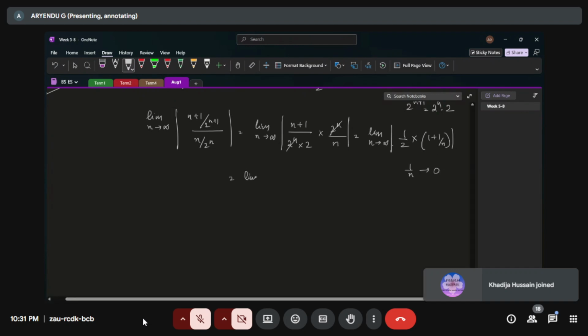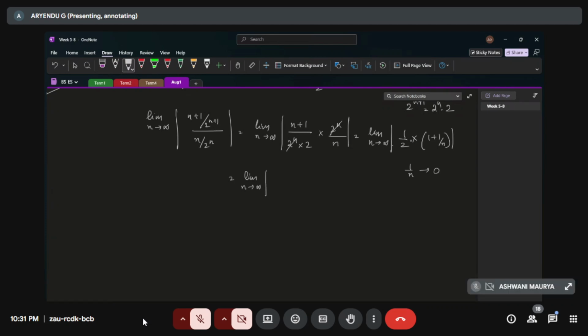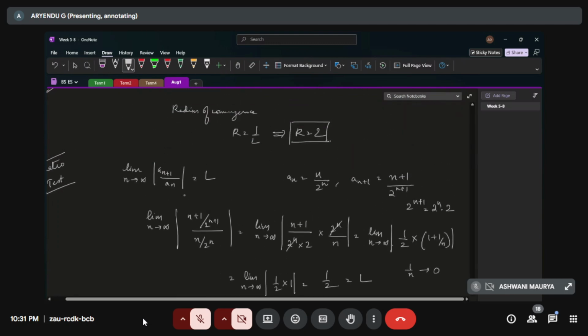So we get 1 by 2 into 1 plus 0 into 1, which is 1 by 2. So this is equal to L. Then R is equal to 1 by L, equal to 2, exactly similar to what we got from the root test.